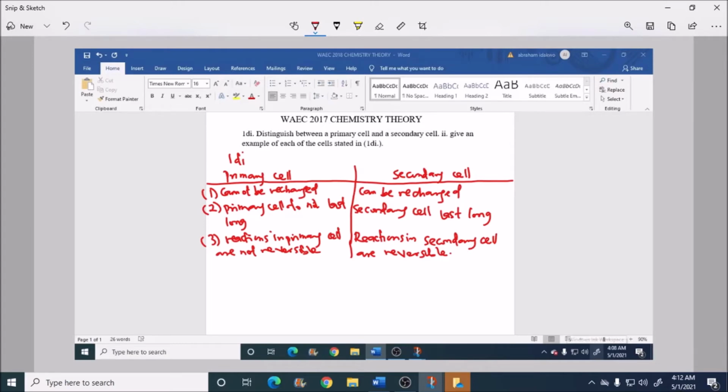Then 1D Roman figure 2, we have to give an example of each, that is give an example of primary cell.